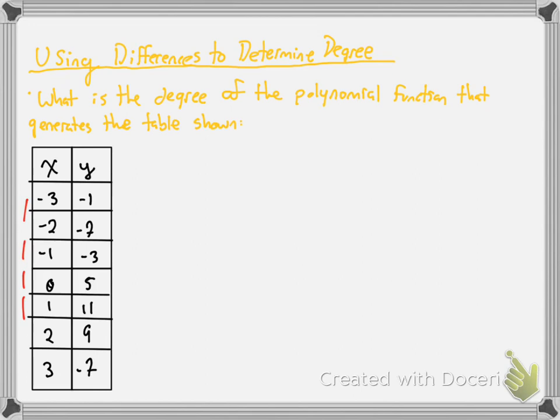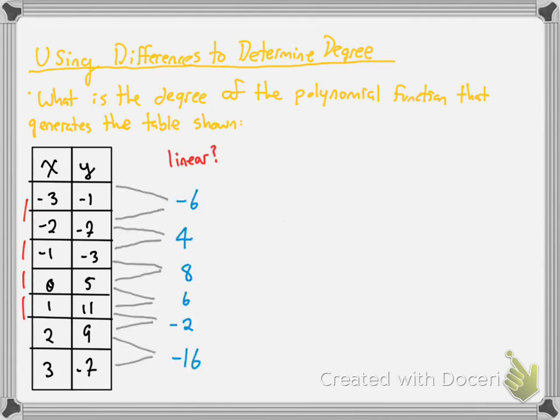What I can do just by looking at this chart to figure out the degree is keep figuring out the differences until I get a constant difference between each term. My first step is I'm going to find the difference between all my y values. If this difference was constant, that would mean I have a linear function.